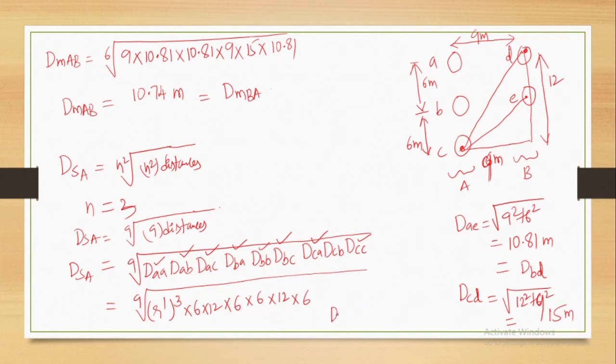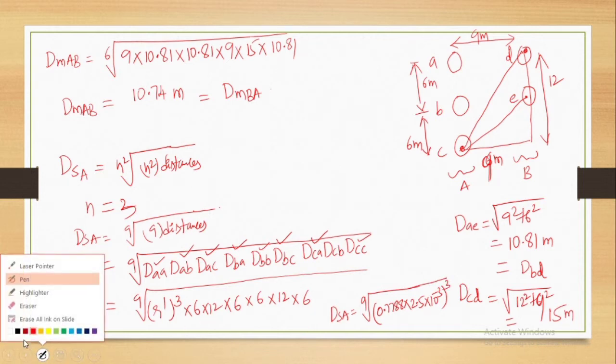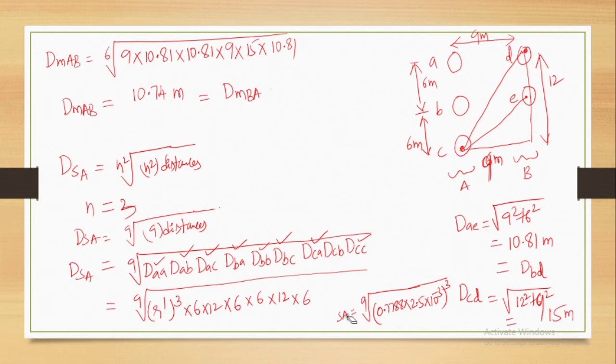Now find out the DSA value. What is R dash? R dash is 0.7788 into radius R, which is 2.5 millimeter for the go conductor, so it is 2.5 into 10 power minus 3. This is the R dash value. Let me write here separately because I need some space.